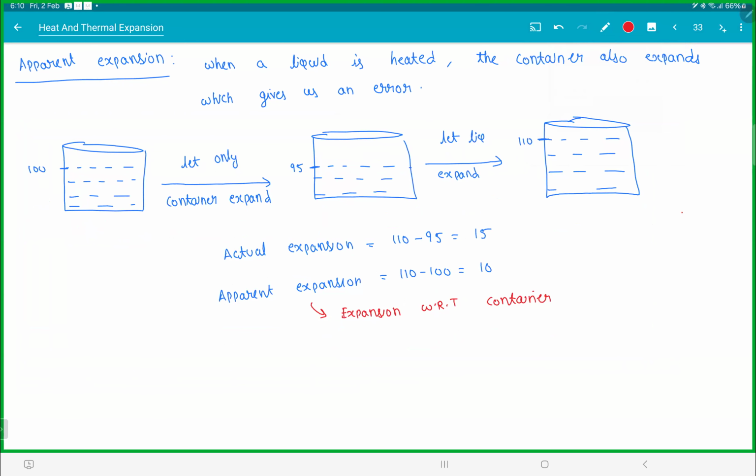So we can write the formula like this. Apparent expansion is real expansion minus expansion of the container.